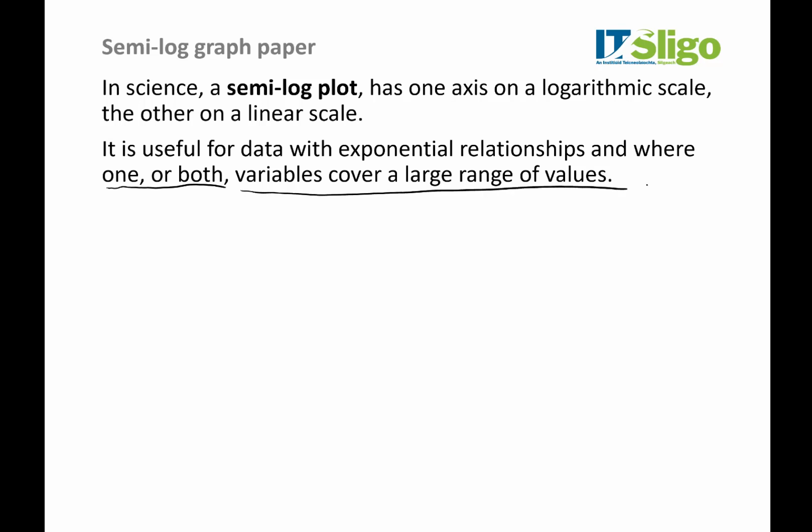Like when we were looking at the decibel scale, it goes from 20 micropascals to 200 million micropascals. If you're trying to deal with a large scale like that, often a log curve or a semi-log curve will help you out.